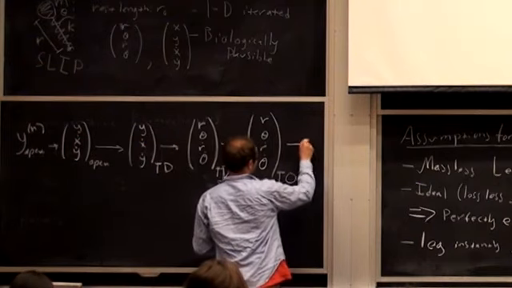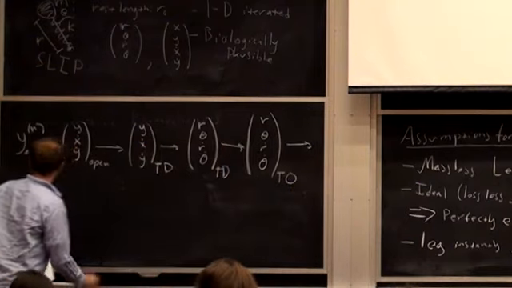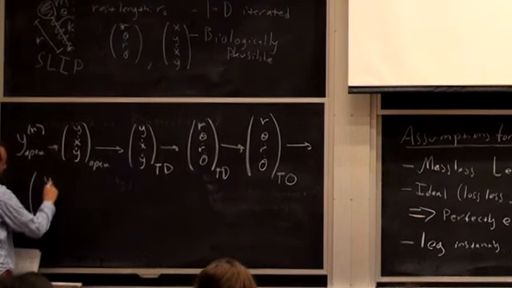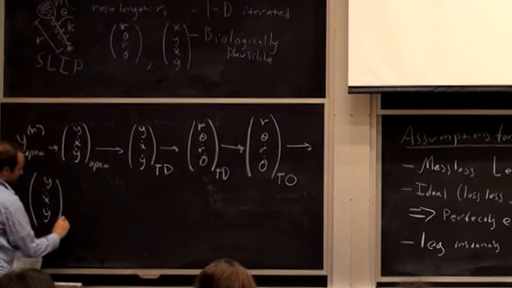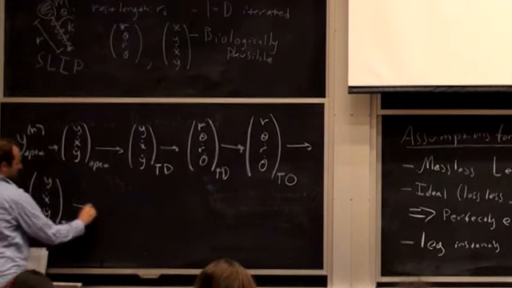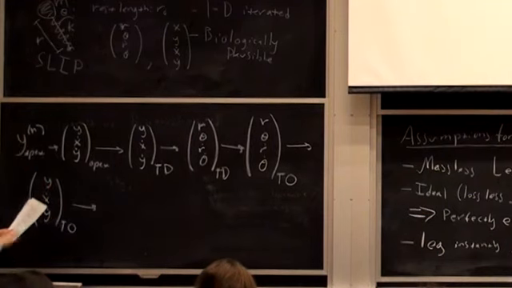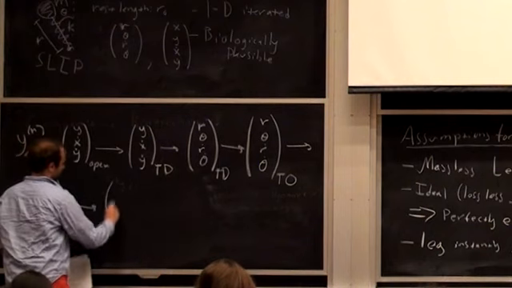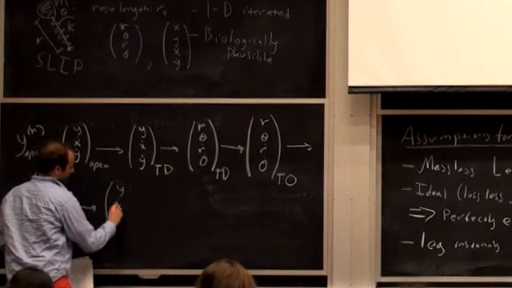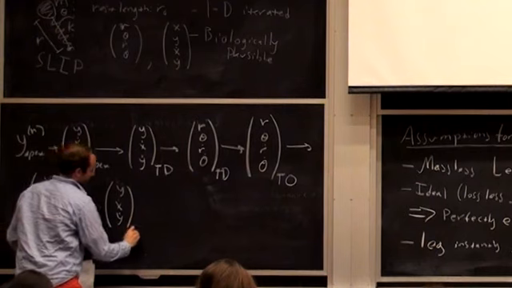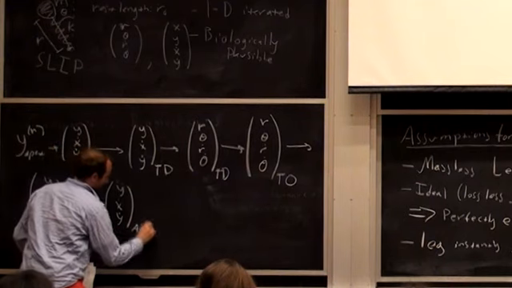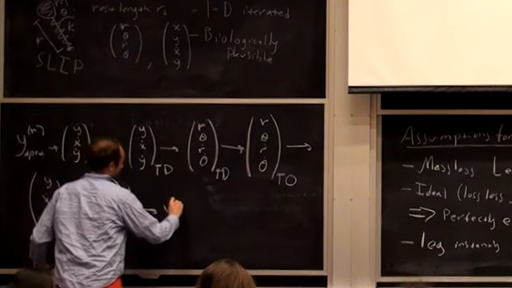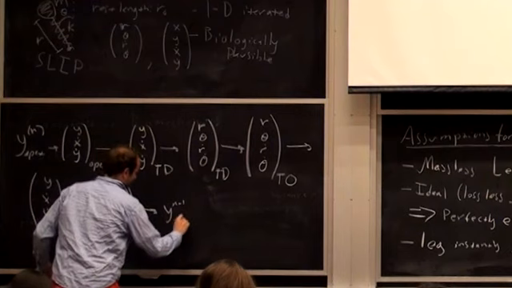Then at takeoff again, we switch to our aerial phase. We go back to y, x dot, y dot at takeoff. And that brings us to y, x dot, y dot at apex. And then here, of course, we grab y n plus 1 at apex.